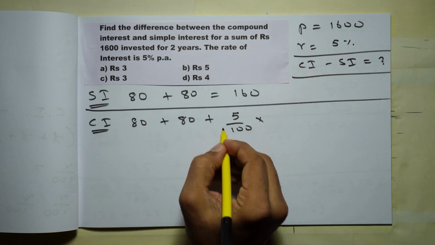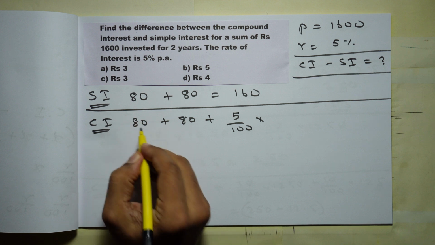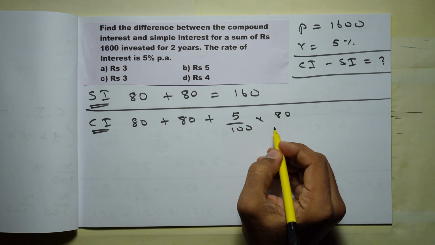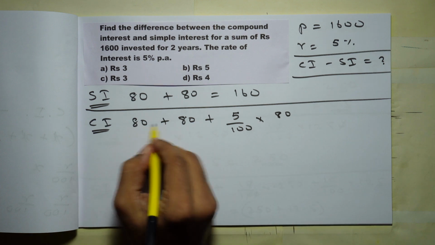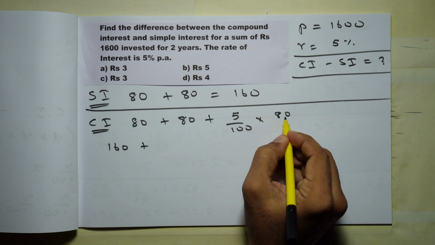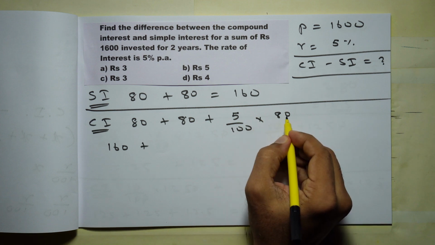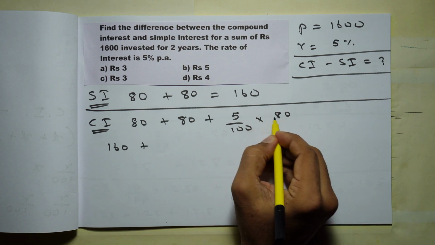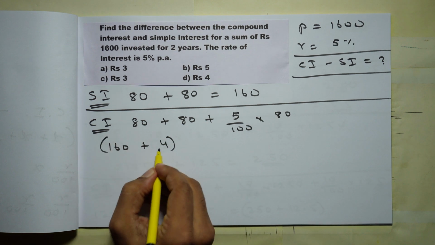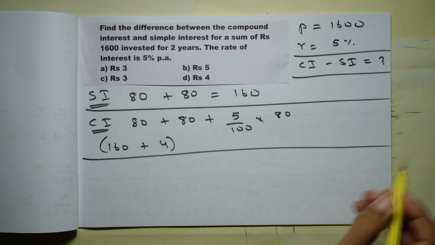R is 5%. So 5% of this 80 also you will be getting. So we'll just calculate 80 plus 80, that is 160, plus 5% of 80. 10% of 80 is 8. 5% of that will be half, that is 4. So this is the compound interest that you get for 2 years.